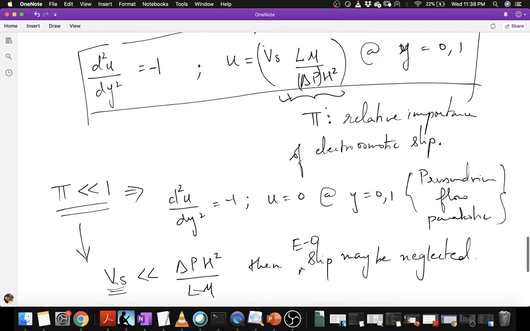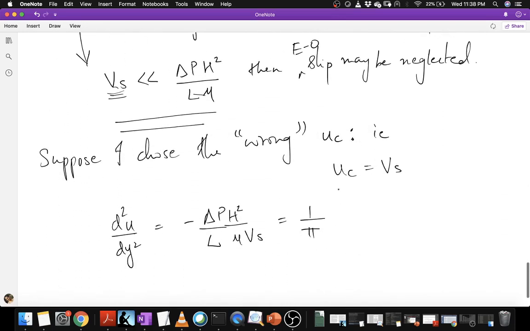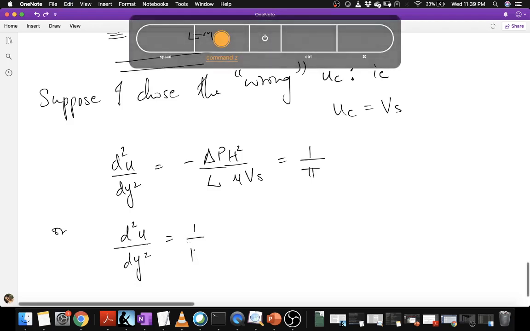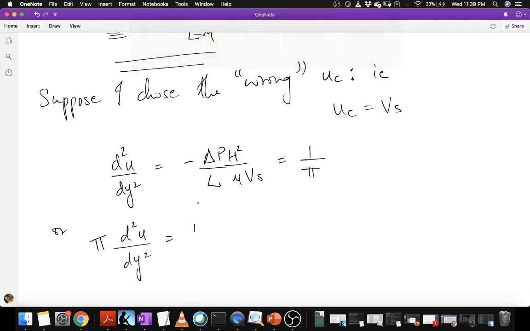Right? Yes. Well, in fact I can take it to the other side, so let's say pi d squared u by dy squared, just taking pi to the other side, is equal to 1, and u is equal to 1 at y equal to the bottom wall and the top wall.